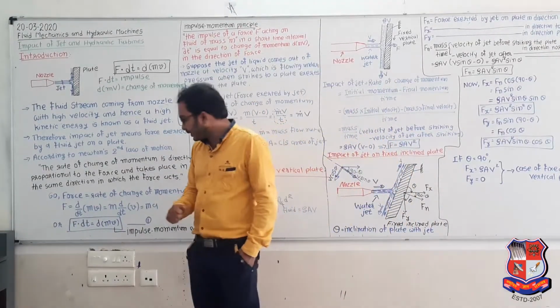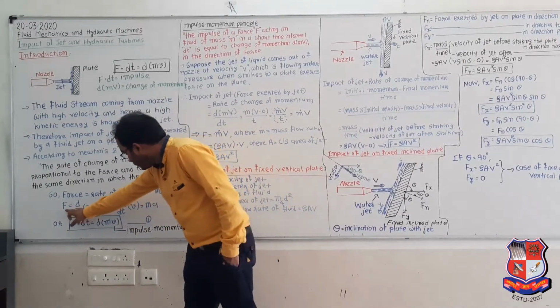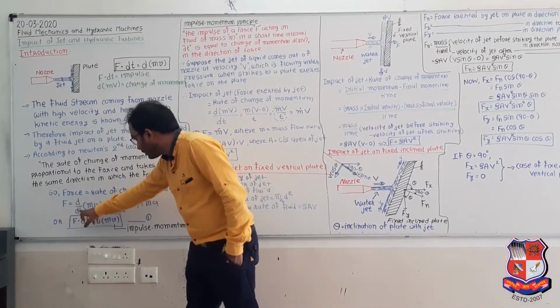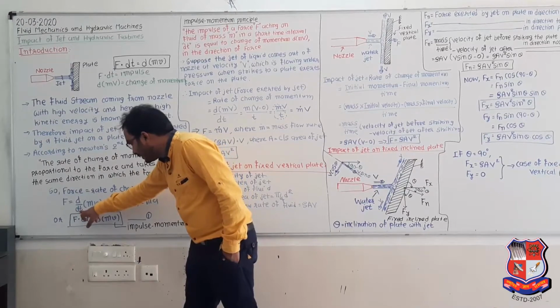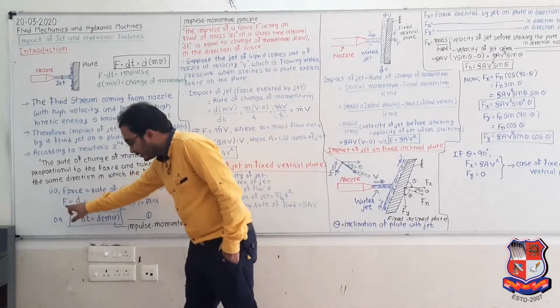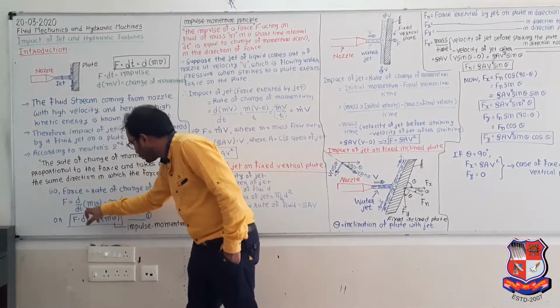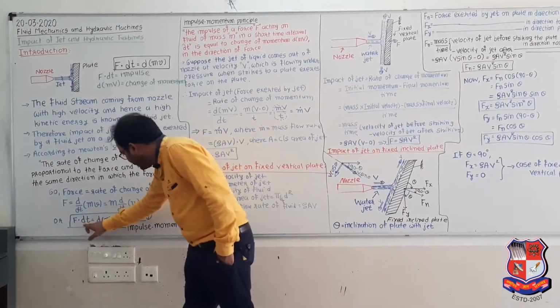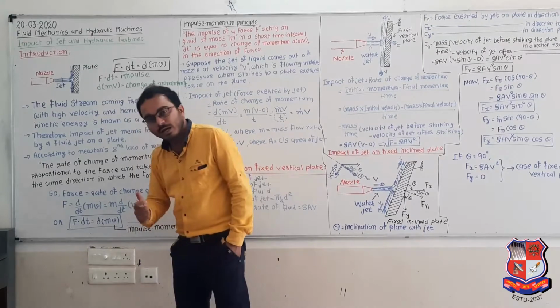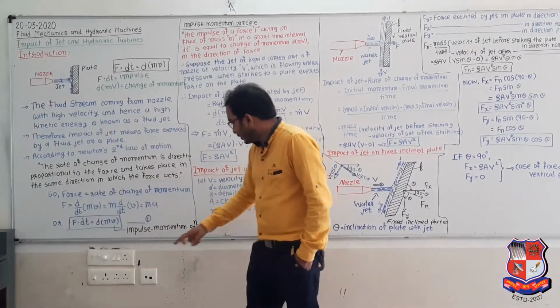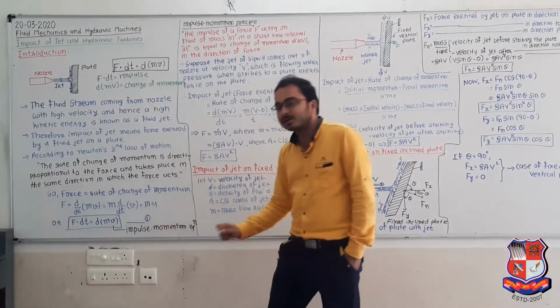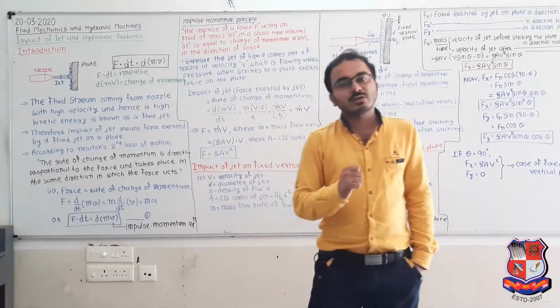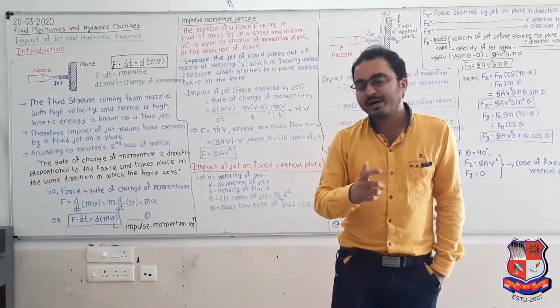However, one more thing we can do: up to the part where F is equal to d upon dt of mv, we can take dt on the left hand side. Then F into dt is equal to the derivative of momentum, that is, F into dt is equal to d of m into v. This is known as the impulse momentum equation. This is a very basic as well as very important equation for impact of jet.